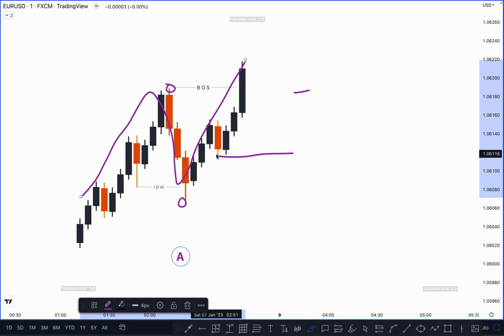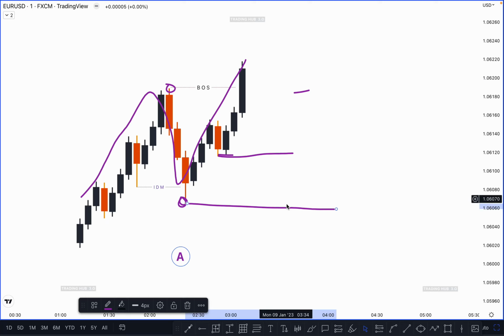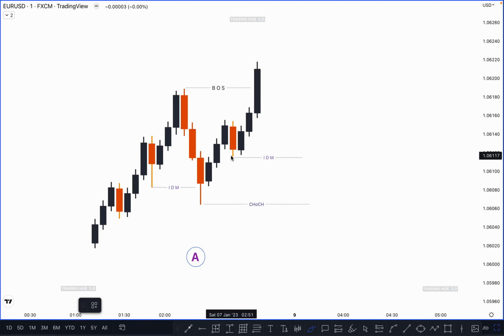So the first small valid pullback after a break of structure is our inducement, but the actual low is here. This is our change of character. Why? Because if the market turns bearish and breaks the major low, that is an indication of reversal like this. Let me show you exactly here. This one is our inducement and this one is our change of character.